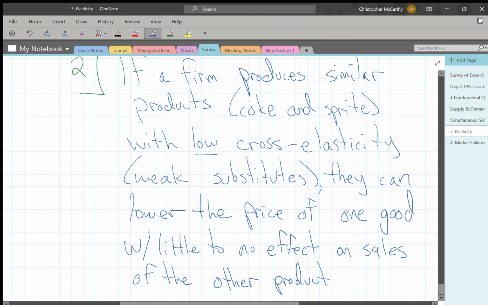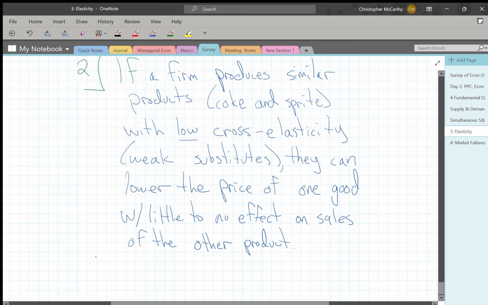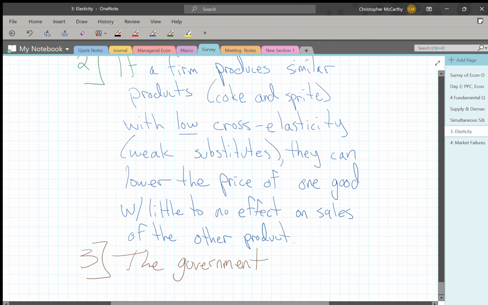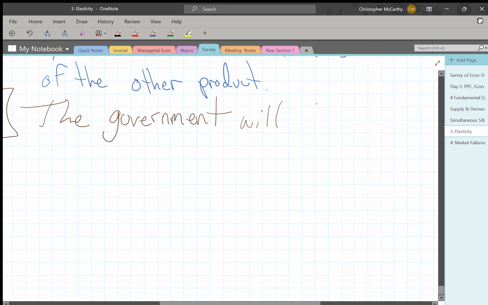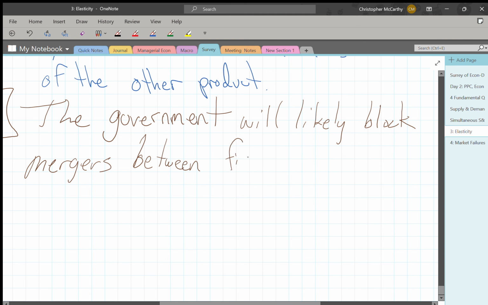And so as a result of this, the government, in its infinite wisdom, will likely block mergers between firms that are producing a very strong substitute product, right?